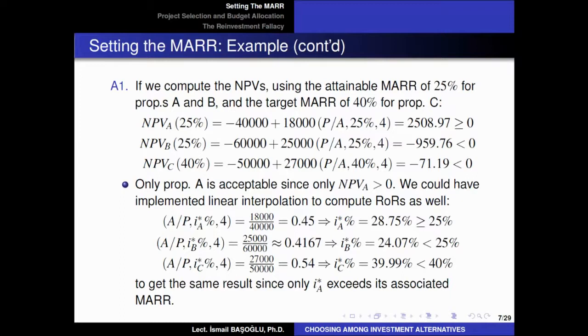Now, the rates of return calculated for proposals B and C are barely under the attainable rate and the target rate here. So the ultimate decisions concerning proposals B and C may have to be made on the basis of other considerations, such as ABC's long-term product strategies. Maybe ABC needs to take that risk and introduce this product in the market just to be the leading company in that market.